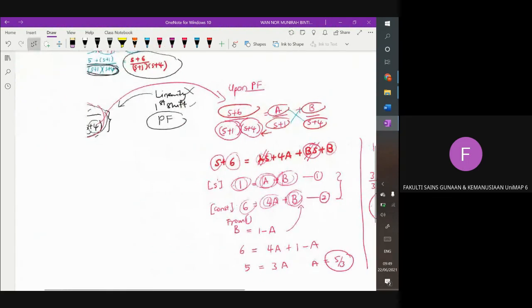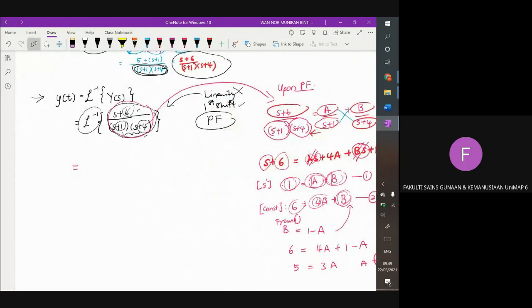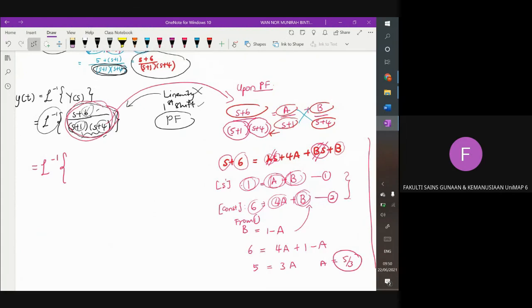And then I go back to my Laplace inverse. So Laplace inverse of s plus 6 over s plus 1 times s plus 4 is actually can be simplified into the form of A over s plus 1 plus B over s plus 4.